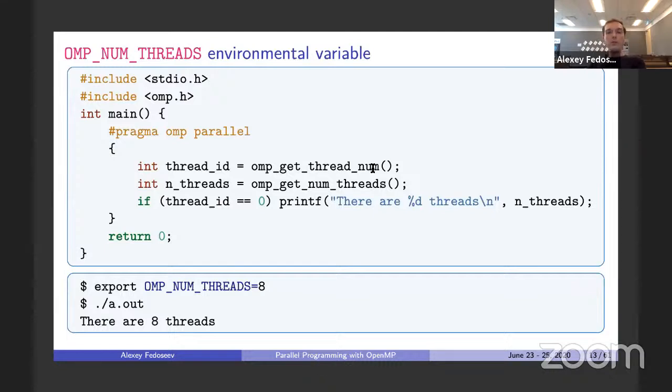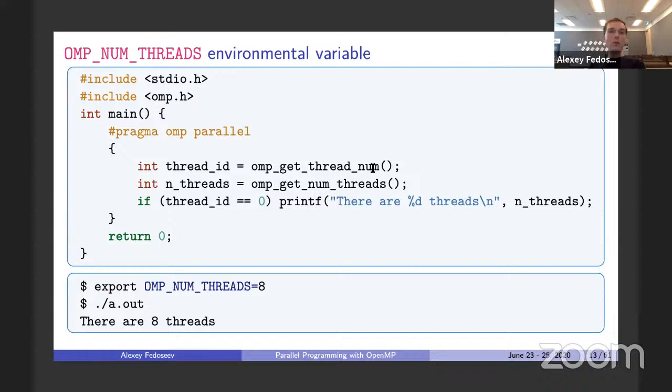So another way to request a number of threads is through a global environmental variable. You're running your codes in Bash most likely, or any other shell, and you are able to set environmental variables. OMP num threads is the variable that OpenMP will listen to. It will look for this variable, and whatever value is there, it will allocate that number of threads.